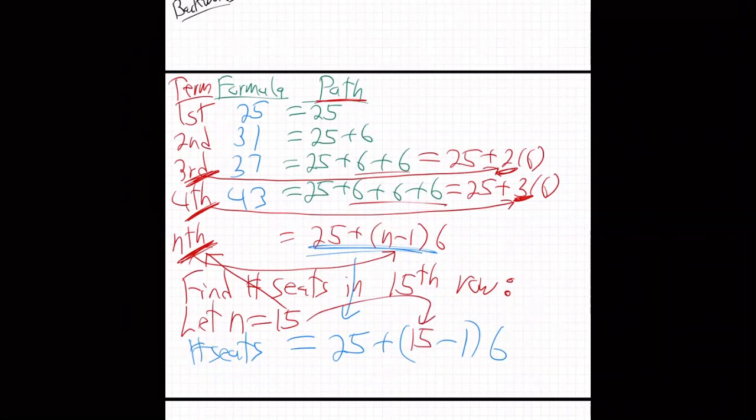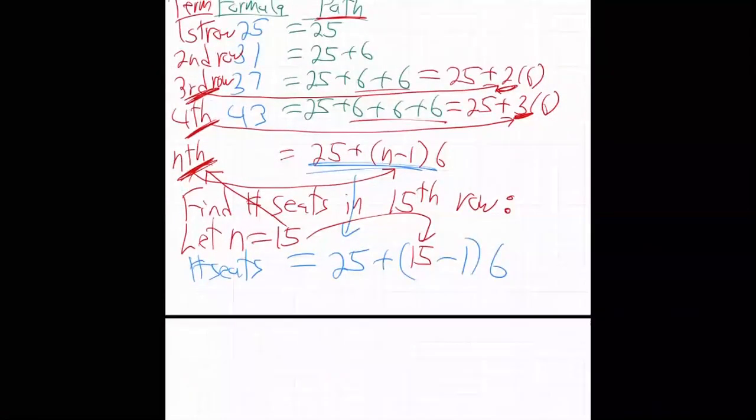Is that good? I plugged a 15 into that formula because we're trying to find the 15th row. This is the first row, second row, third row, all the way down to now the 15th row.